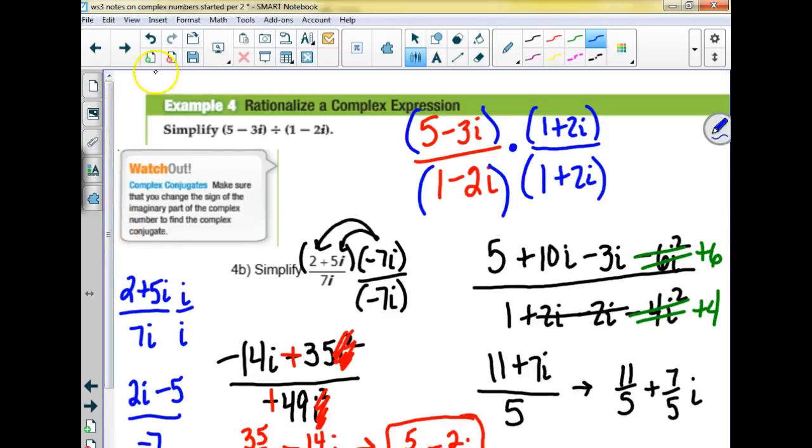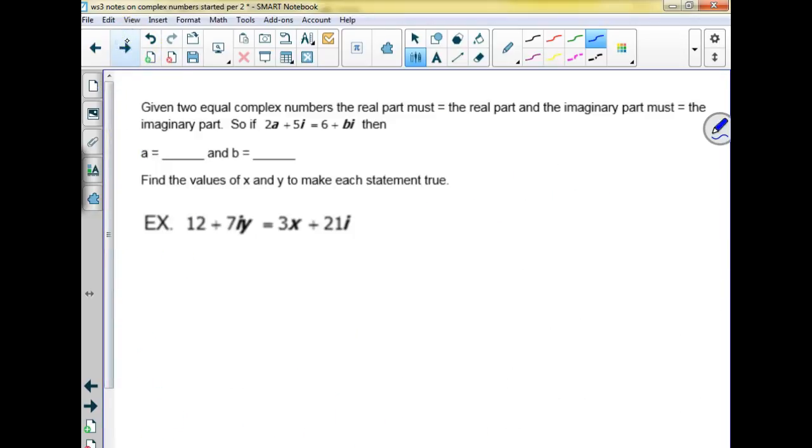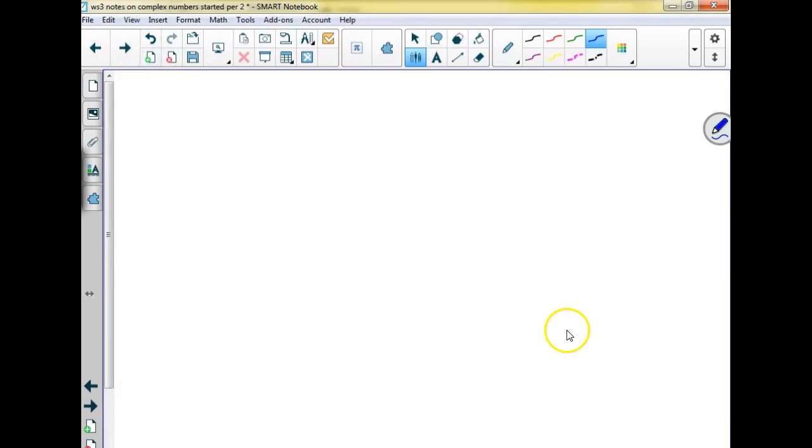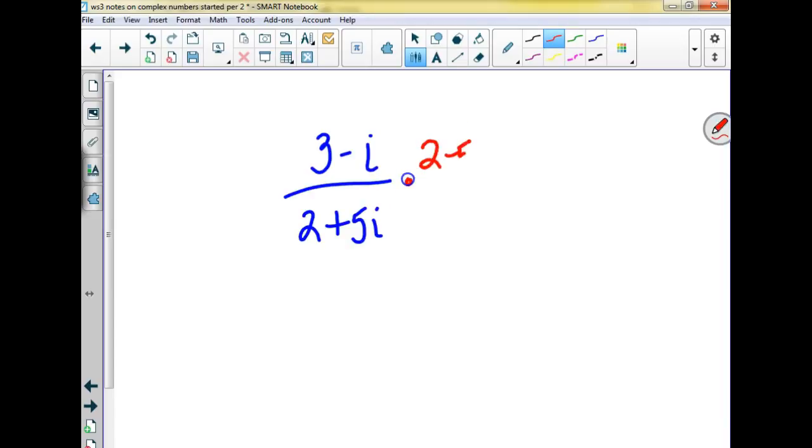You want to do another example of that, or are you okay? Like one more with just an i in the denominator, or with a, okay, like 3 minus i over 2 plus 5i. Okay, what's the conjugate going to be? Who's good?